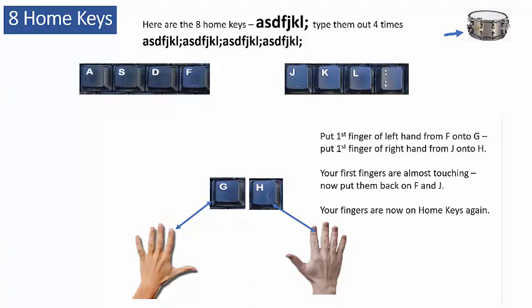Put your first finger on the F and move to the G. Put the first finger of the right hand onto the J and move onto the H and back to the J. Your first fingers are almost touching when they're on the G and the H. Now put them back onto the F and the J. Your fingers now, if you look at them, are on the home keys.